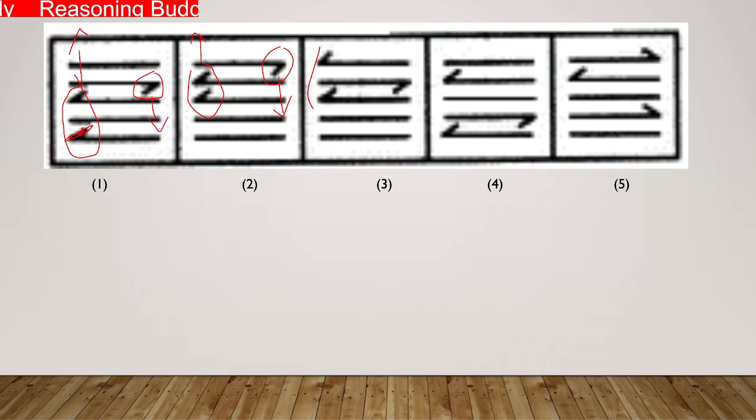Here also, and here also, two facing top and one facing bottom. But in this figure 5, all are facing towards the top. So this is the odd man out. Okay, clear?